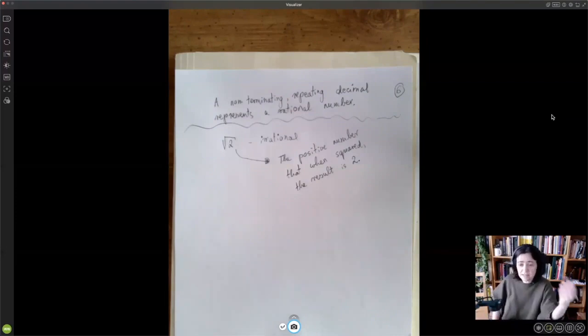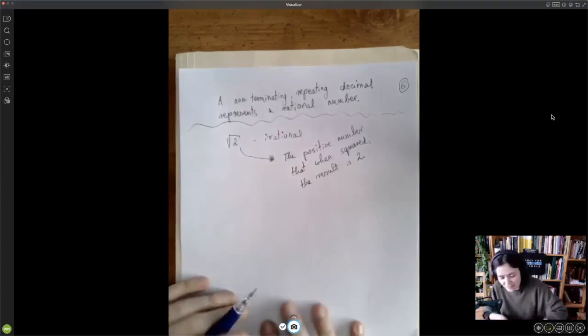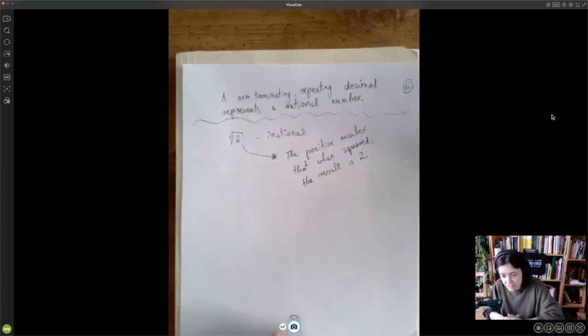Now, because it's irrational, by definition of irrational numbers, we cannot write it as a ratio of 2 integers, right? Because that would make it rational. And we proved that this is not. We actually proved that we cannot find 2 integers so that their quotient would be square root of 2.